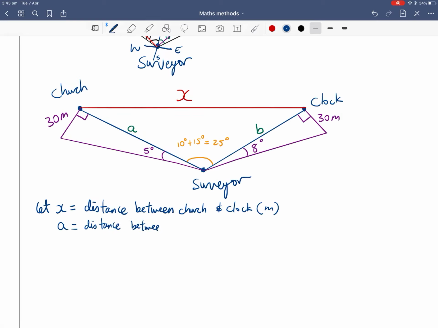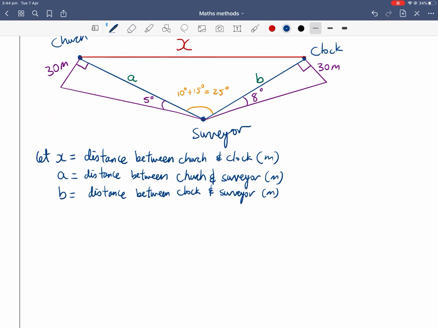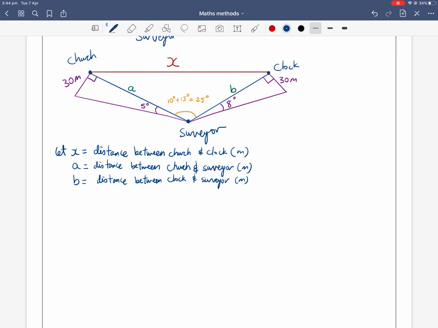Let A equal the distance between the church and the surveyor, again in meters, and let B be the distance between our clock tower and the surveyor in meters.